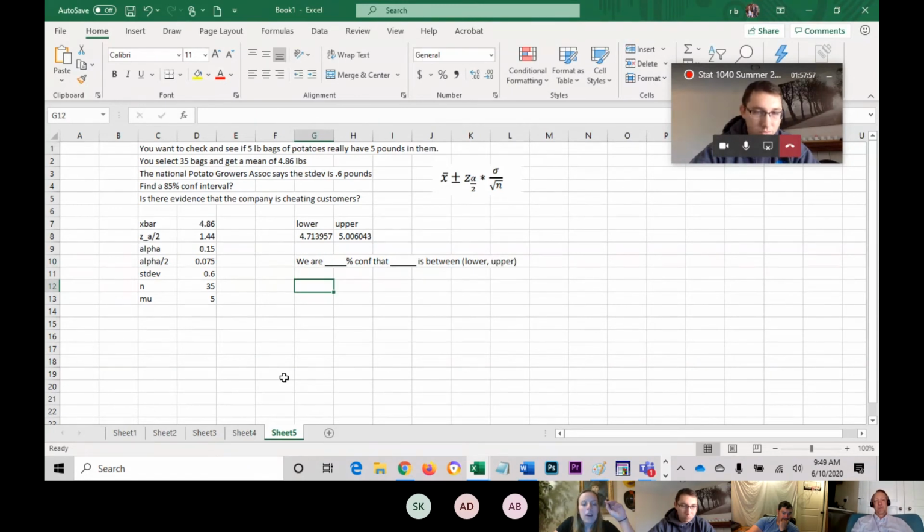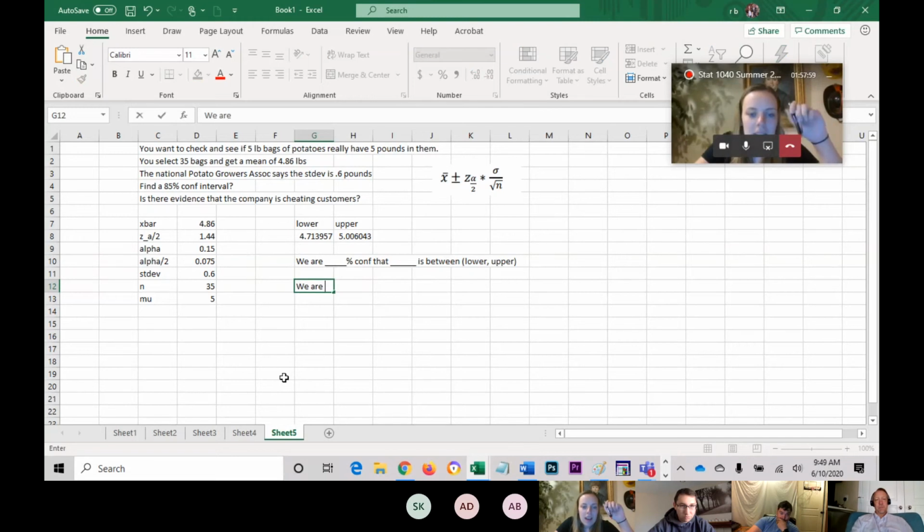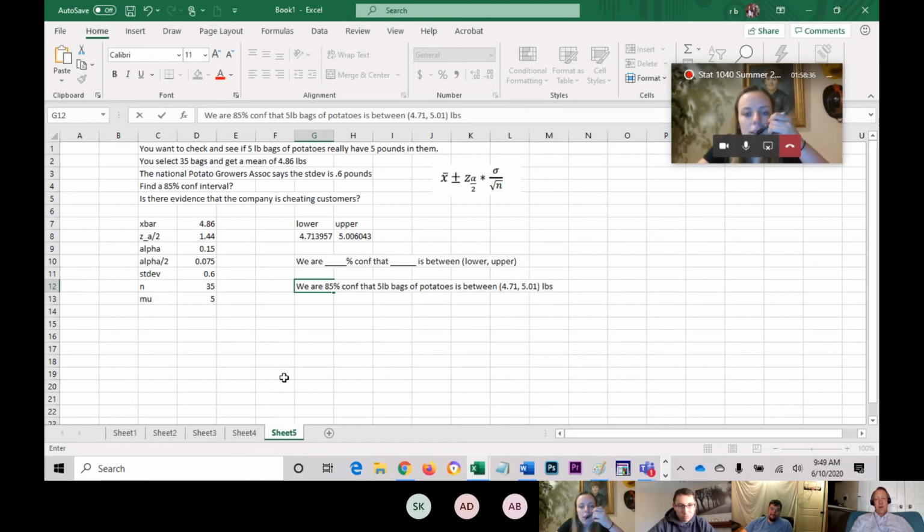So we are 85% confident that the true weight of 5-pound bags of potatoes is between 4.71 and 5.01 pounds.